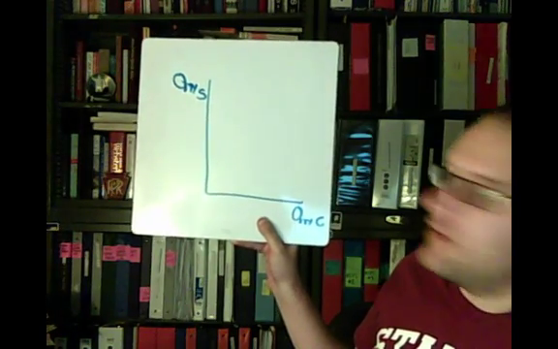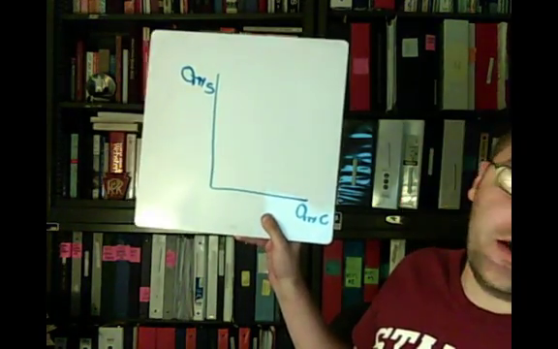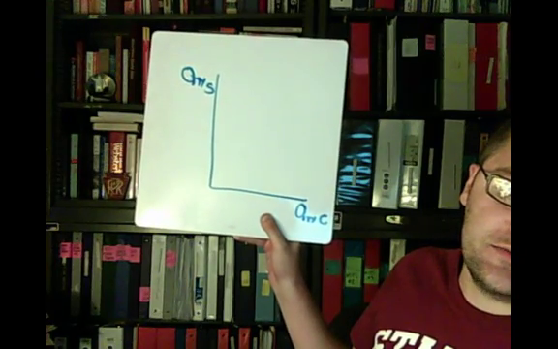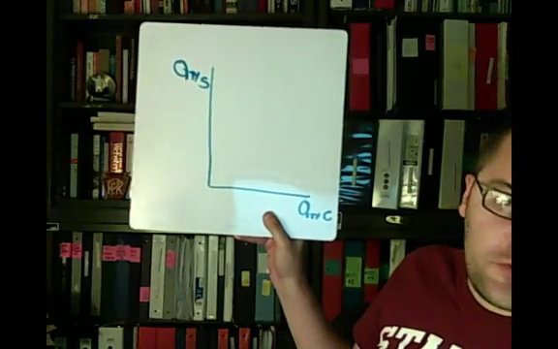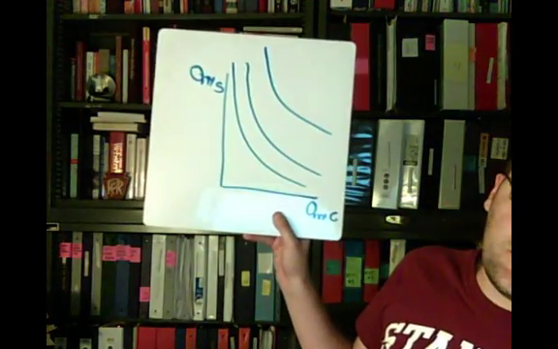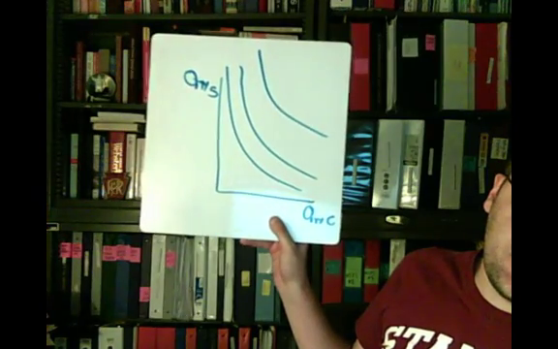We're trying to figure out how much sushi and crest to buy to be the happiest I can at the cheapest price. Well, what we would do here is we're going to have our indifference curves, and I'm just going to draw 3 of them. We would know that there's many, many of them. Now, there'll probably only be one budget constraint because you're going to be given an income level and a set of prices.